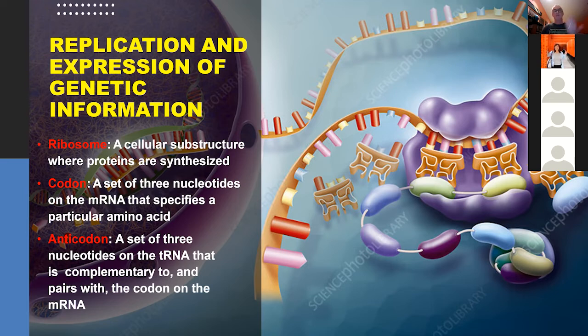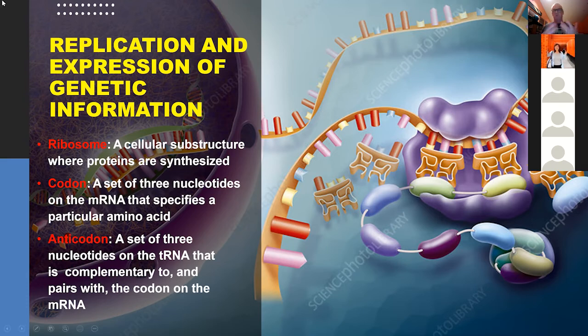So if a codon is on the messenger RNA, the anticodon, which recognizes it and is complementary to it, is on the transfer RNA. So if the codon said GGG, the anticodon would have CCC, and that would be linked to the amino acid that the codon is calling for.